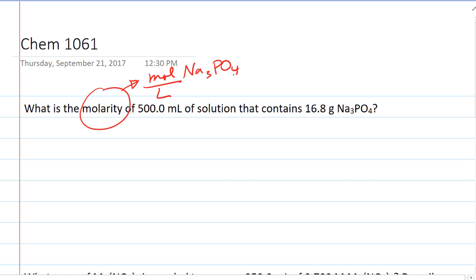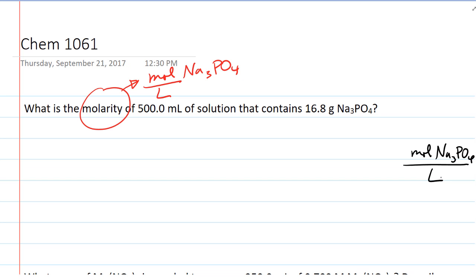Na3PO4. That's specifically what we want to wind up calculating. So think about that. That's what we're going to put out here in our units. That's what we're going to try to achieve in the calculation. Moles of Na3PO4 per liter. And whatever we can do to get over to those units, we do.